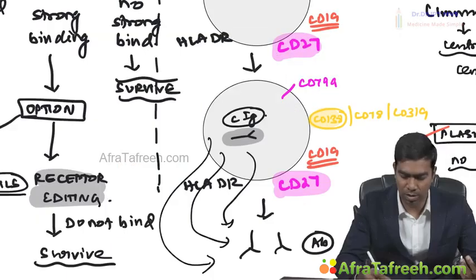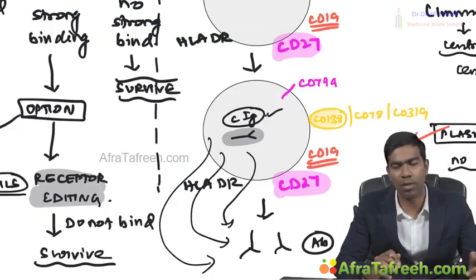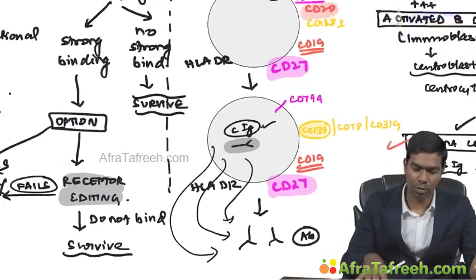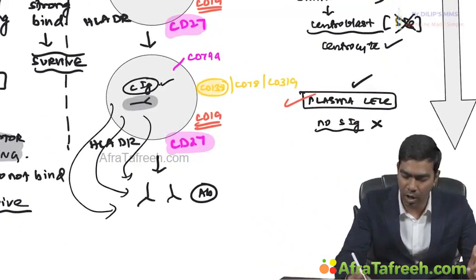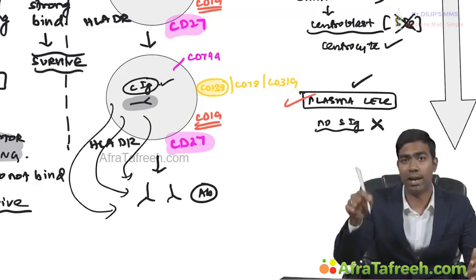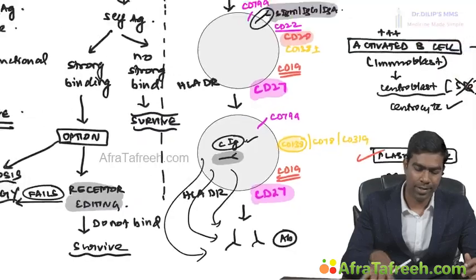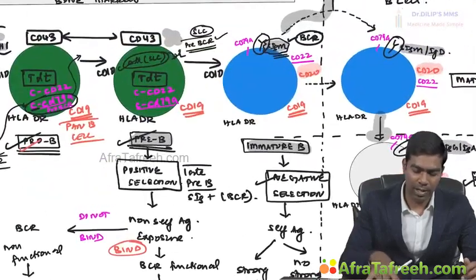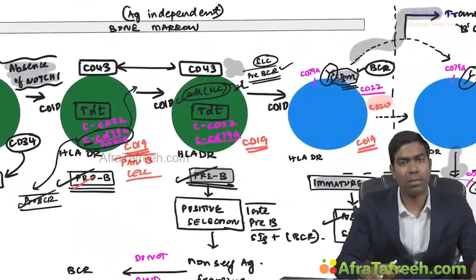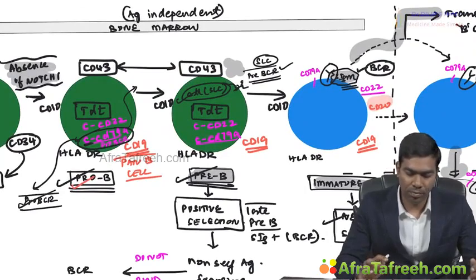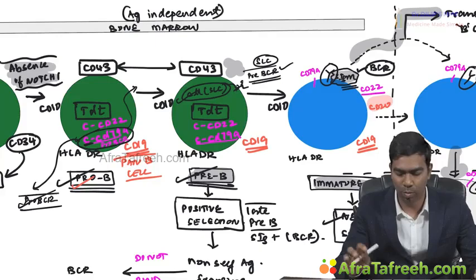So that's why they are positive for cytoplasmic immunoglobulin, but not for surface immunoglobulin. Surface immunoglobulin is lost in a plasma cell, but they have cytoplasmic immunoglobulin synthesis going on very actively, because they are activated and differentiated to perform their terminal function, that is antibody secretion. So that's all about the immunoglobulin.